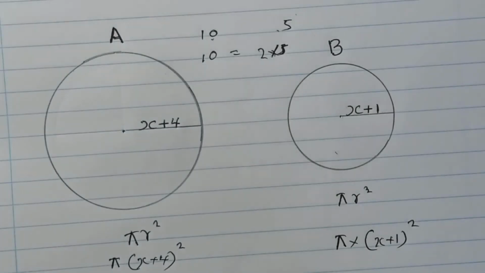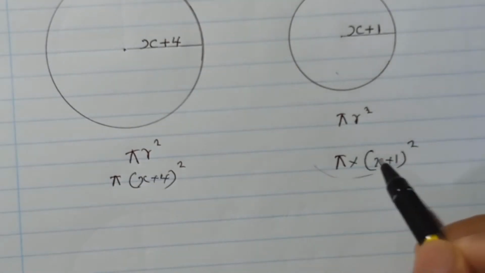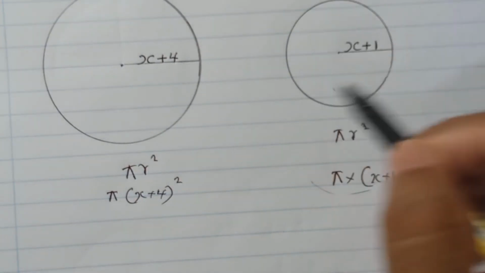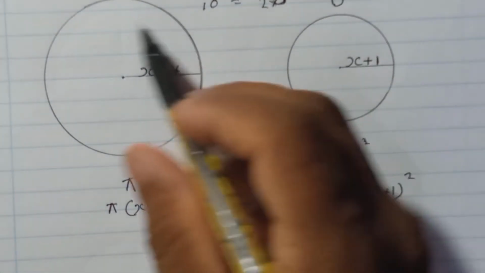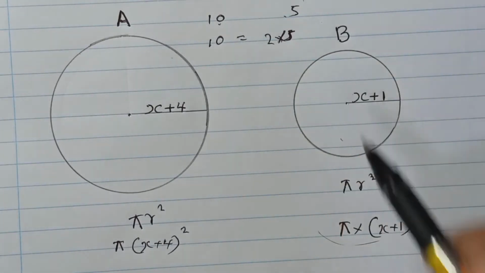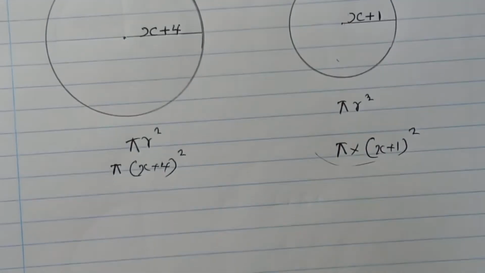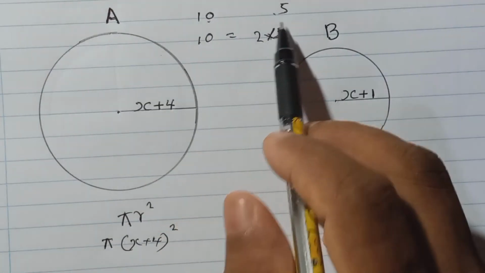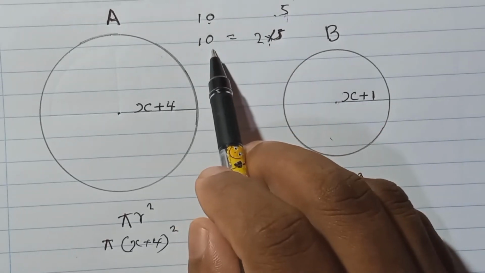So keep in mind same thing here. This is the small one. Circle B area is the small one, right? Because they tell, area of circle A is equal to twice of the area of B. That means B area is the small one. So here also like that, this small one you need to multiply by 2 to make it equal to the bigger one.